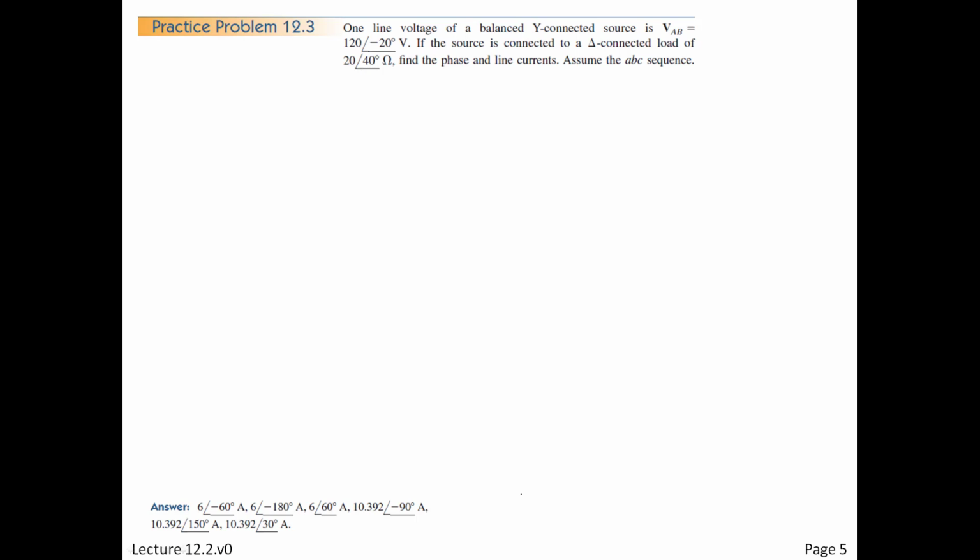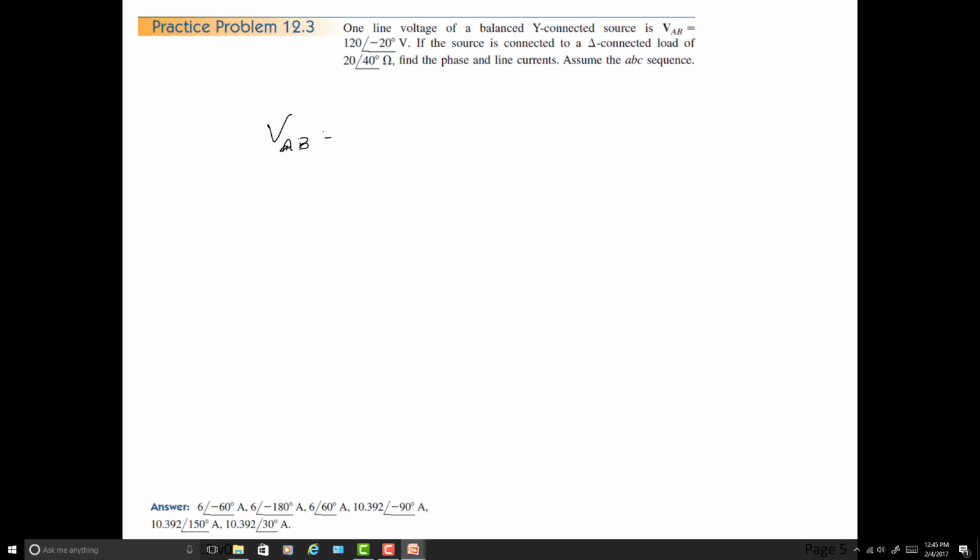Okay, we're back with problem 12.3. And this is a Y source connected to a delta load, and we're finding phase and line currents. So we can stay straight on with this. We are given a phase voltage, right, of VAB equal, VAB is 120 at minus 20 degrees. Okay, and we're given a Z, nicely there we're given a Z. So this is a line voltage already, right?